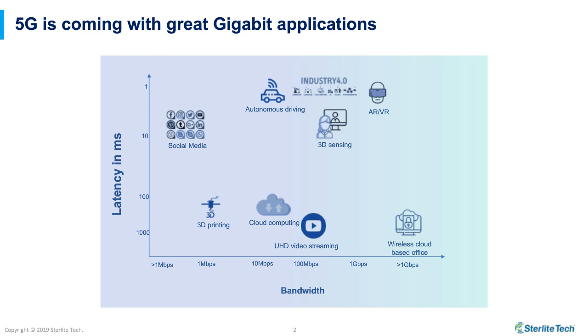And not just the applications themselves, but rather the amalgamation of all these applications will drive the need for gigabit connectivity at the edge. And even though ultra-reliable, low latency applications are there, cumulatively, when you look at all of these applications, the edge network is going to require a gigabit or more connectivity. And that is the problem that we're hoping to address through this webinar.